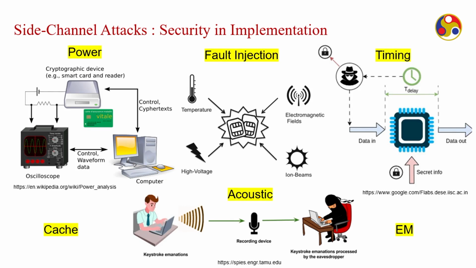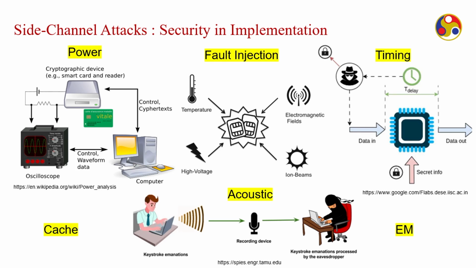So, there are various side channel attacks possible. One is power, as I mentioned: your cryptographic operations are running on a device and somebody is measuring the power from some interesting point of your design, and then does some analysis and can get the key. Remember, here you can control the inputs.